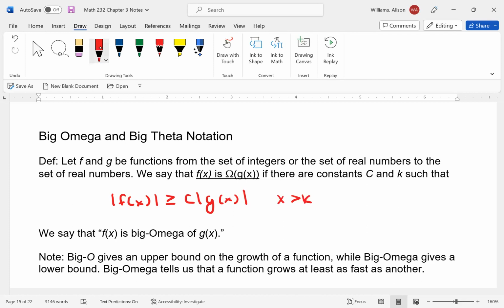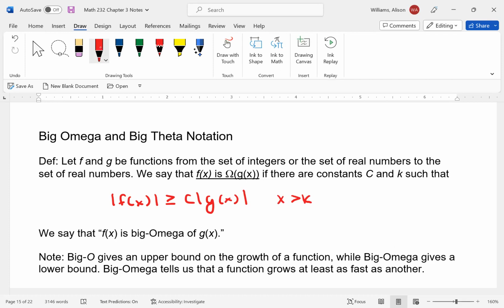So it's the reverse notation. Big omega is giving us a lower bound, where big O gave us an upper bound, okay? So we are working with a lower bound.